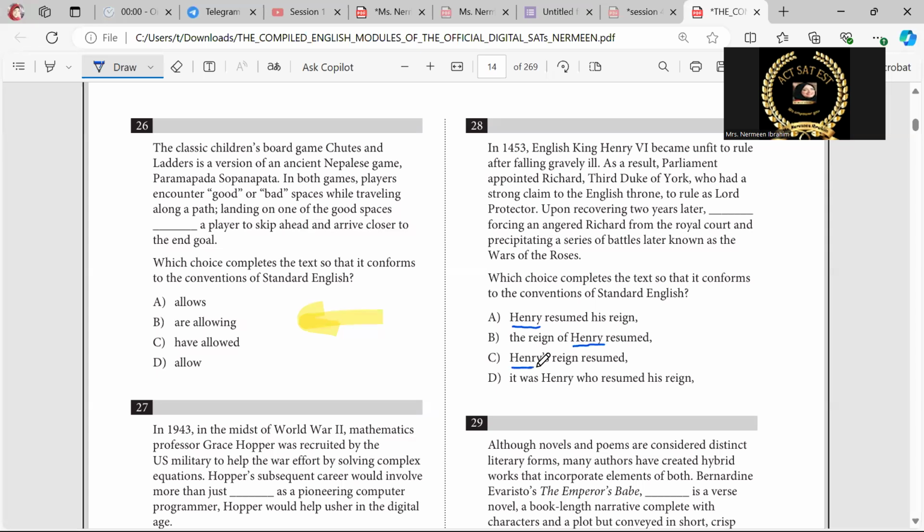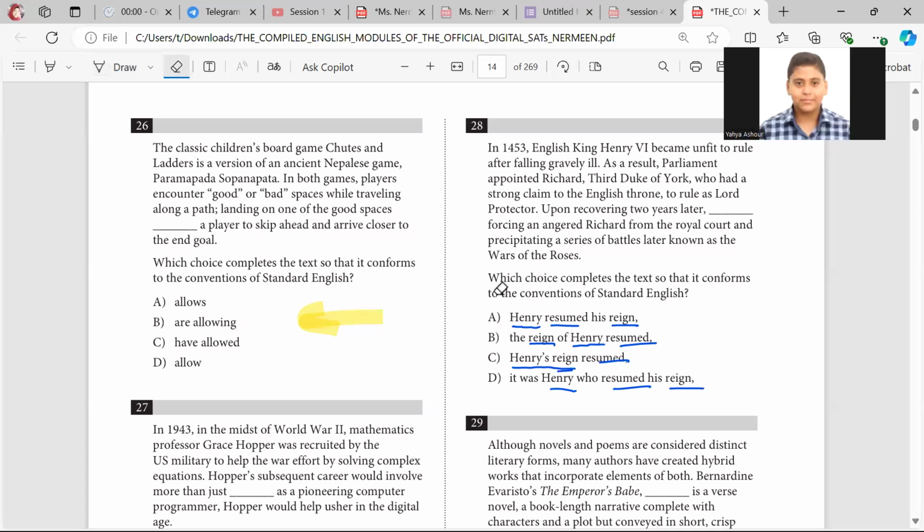And here, Henry's reign, I put an apostrophe. It's no longer Henry now, it's Henry's reign. Henry is written here, so it didn't start that choice. Resumed is here, then here, here, here. Reign is here, reign is here, reign is here, and rain is here. So almost all the choices have almost the same elements, but in a different order. Is it clear? Yeah.